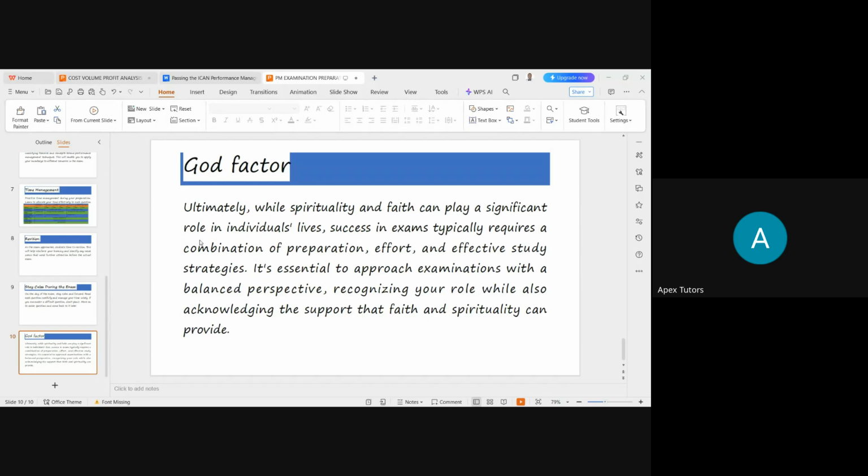Ultimately, while spirituality and faith can play a significant role in individual lives, success in exams typically requires a combination of preparation, effort, and effective study strategies. So it's essential to approach examination with a balanced perspective, recognizing your role while also acknowledging the support that faith and spirituality can provide.